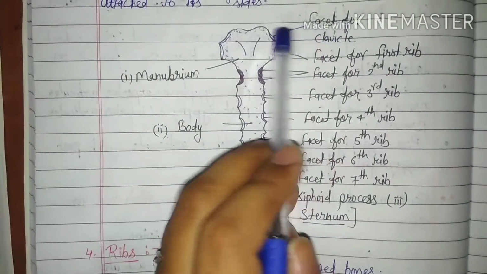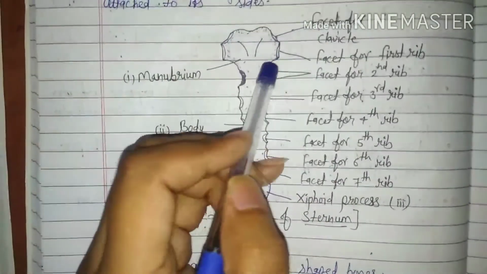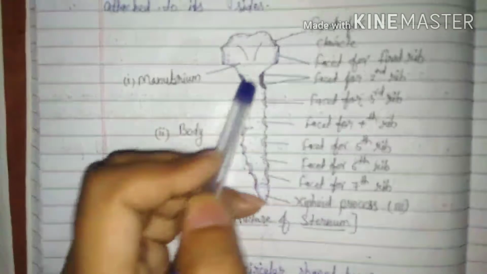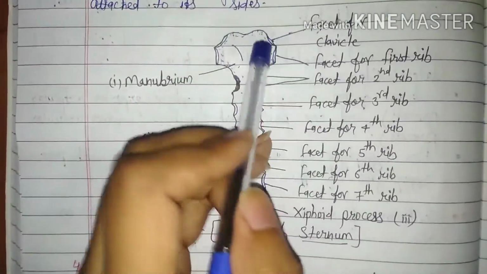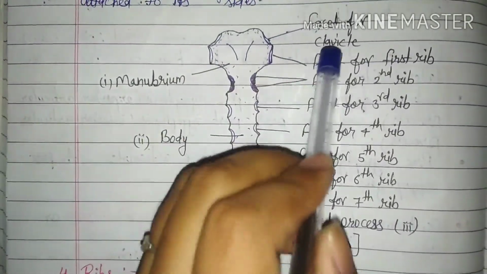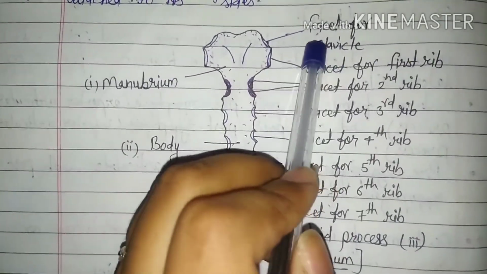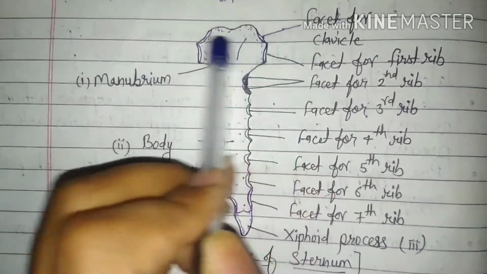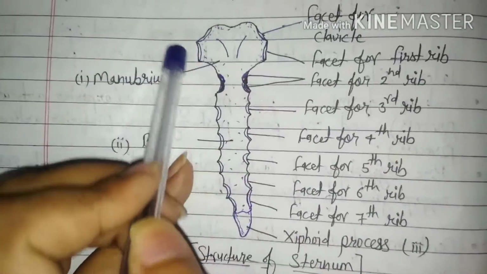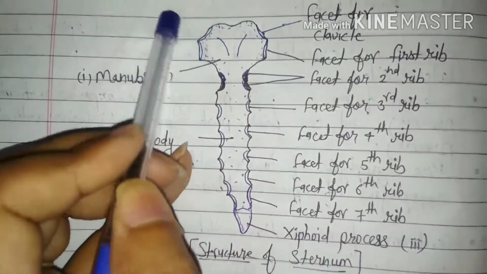Facet for clavicle. Facet means segment for clavicle bones which make the pectoral girdle.